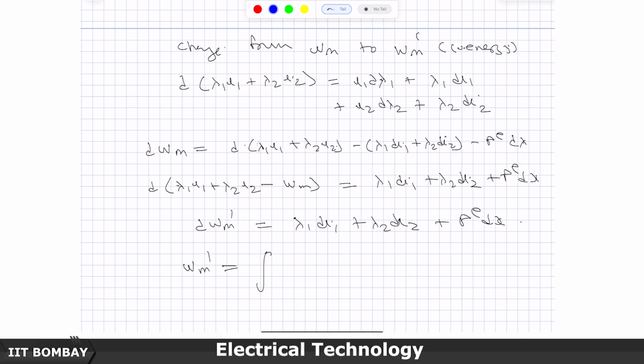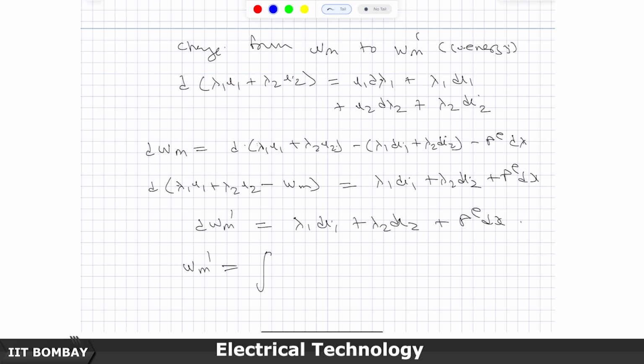Then once you have fixed the x, at that time I1 and I2 are both 0. Then increase the current I1 to its steady state value, whatever value you want, hold it there, then increase the current I2 from 0 to the appropriate value, and that integration will give you the co-energy coming out from the system.